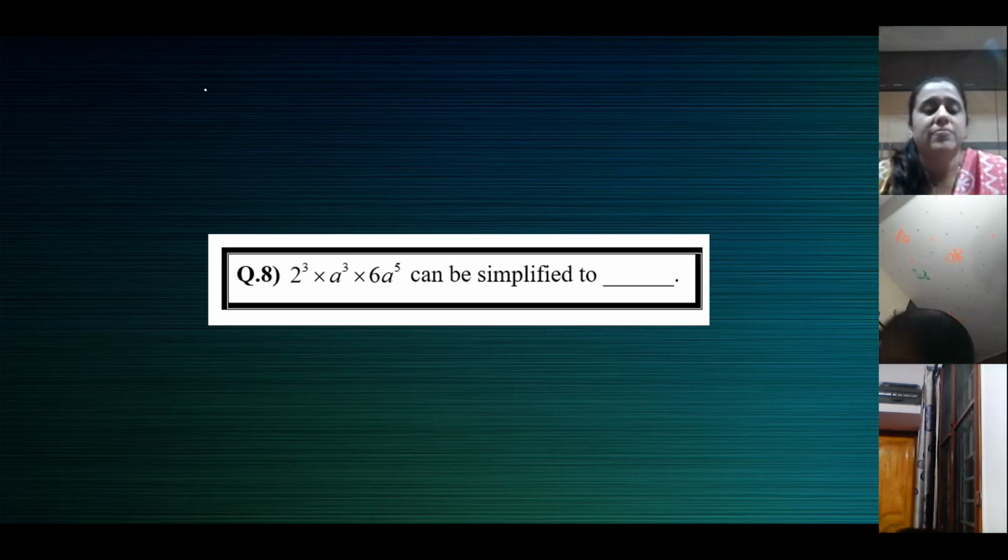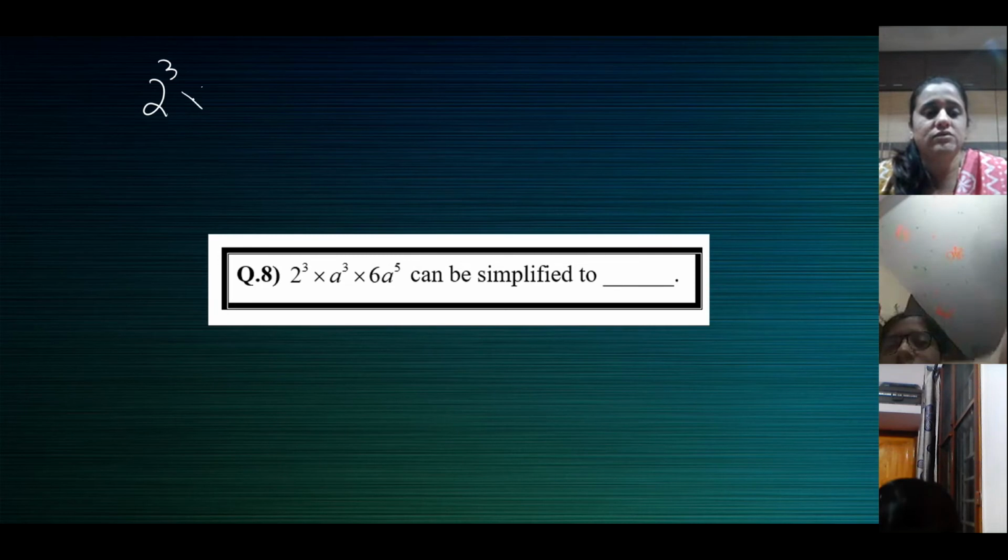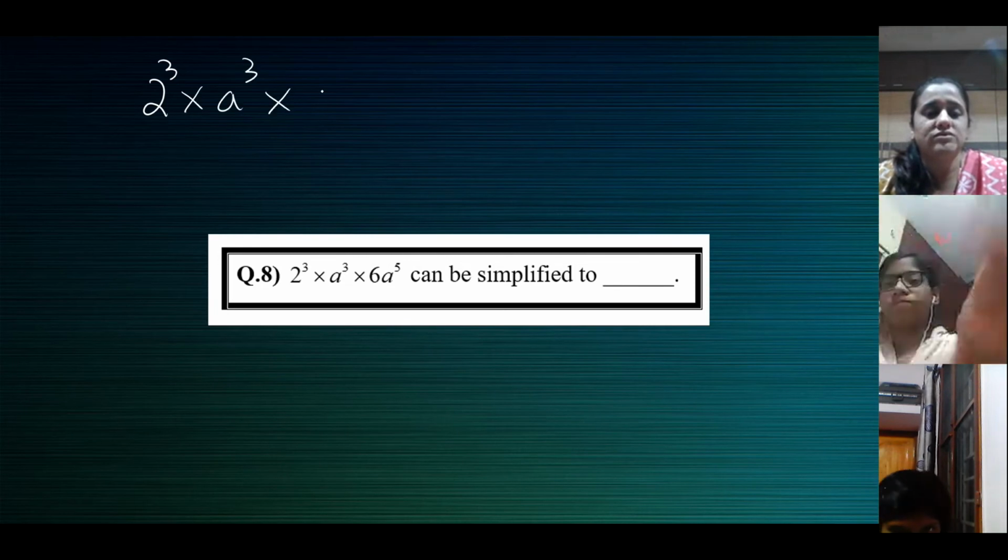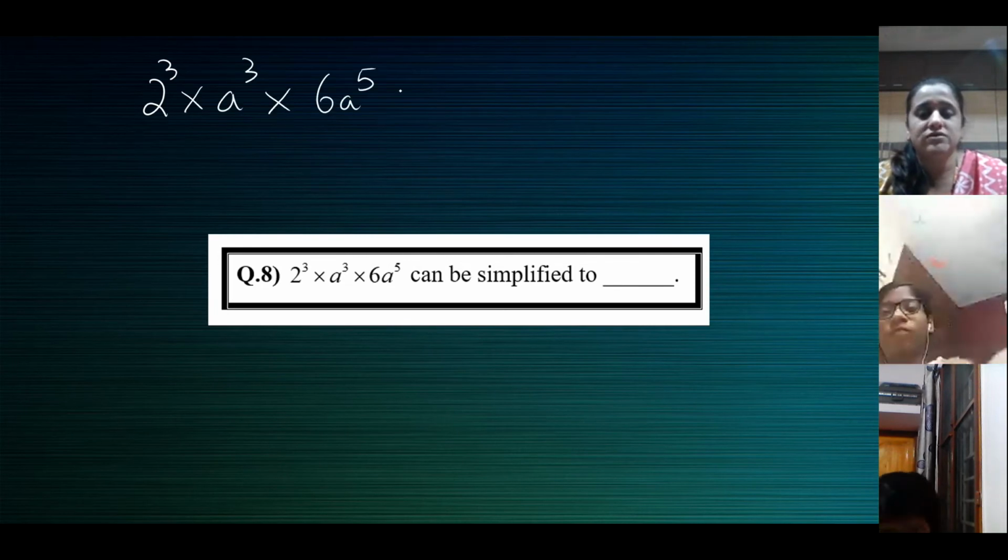Now it's time. So 2 cubed into A cubed into 6A to the power 5 is equal to.